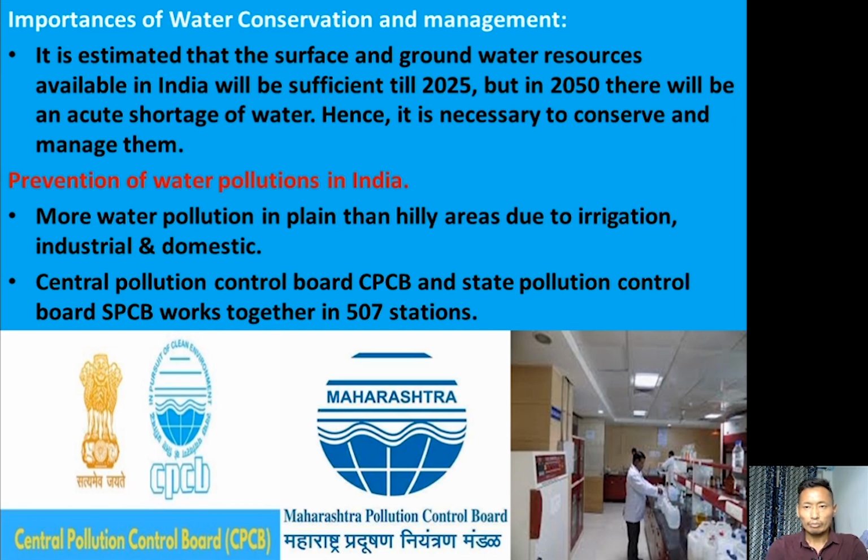Because of that, in plain areas we have more water pollution than hilly areas. In hilly areas we have less water pollution because we have fewer people, less economic activities, fewer industries, and less agricultural activities. So water is getting less polluted in hilly areas.